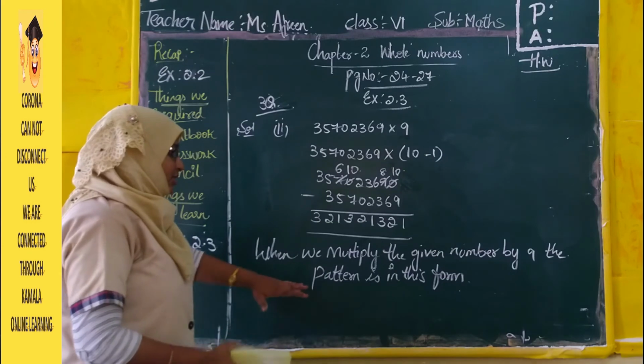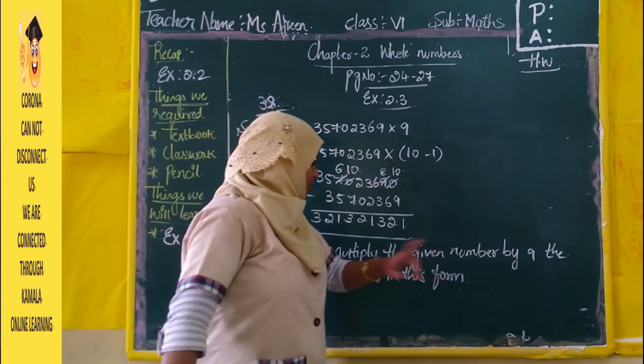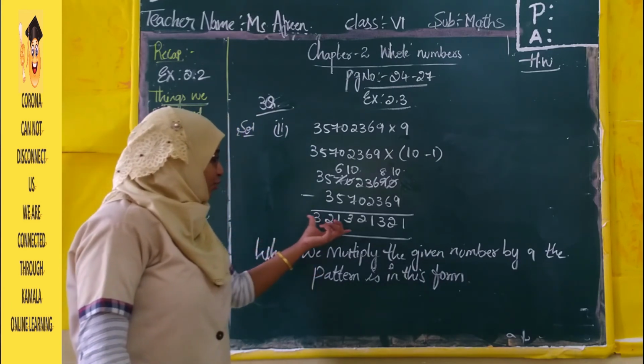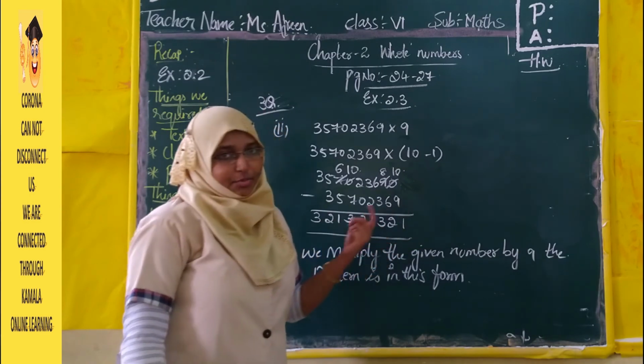You can write this statement at the end when you have done the third one, right? When we multiply the given number by 9, the pattern is in this form, like 3, 2, 1, 3, 2, 1, 1, 2, 3, 1, 2, 3, and one more you will get the same type of pattern.